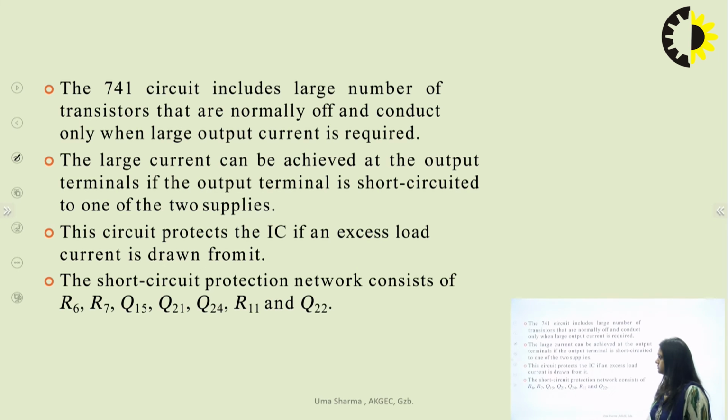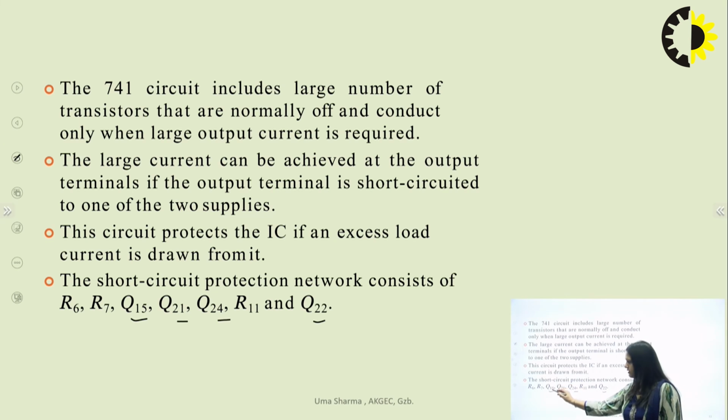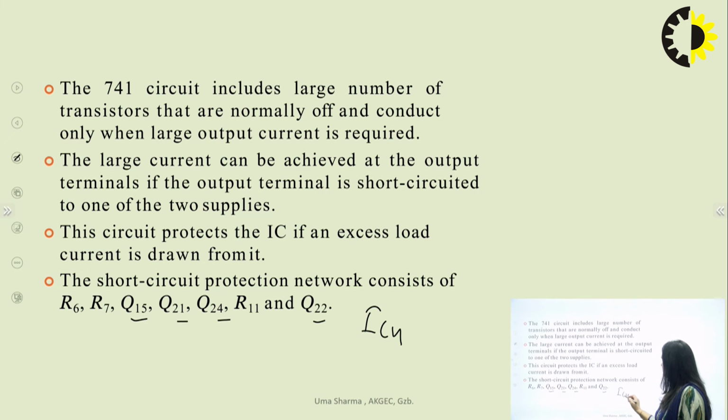These transistors are Q15, Q21, Q24, and Q22 along with the resistors R6 and R7. Whenever there is an excess current, these transistors become active, and when they are active, some amount of current is stolen by these transistors, so that there is a reduction in IC14 and IC20.